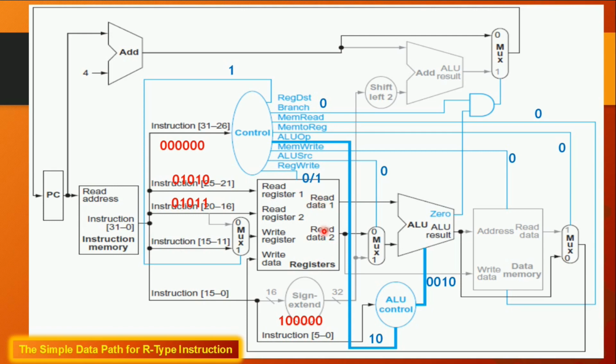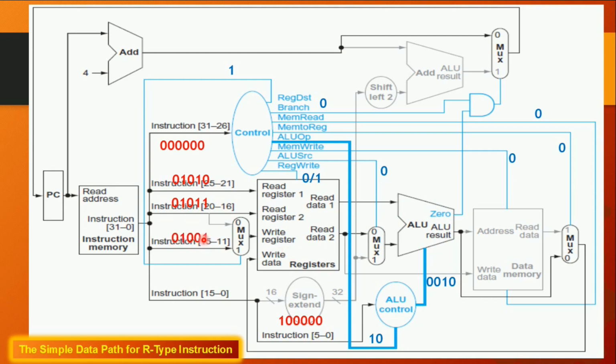The RS and RT register numbers will be analyzed from the instruction, and those register numbers will be checked inside the register file. From that, the data will be fetched and loaded to the ALU for operation. Now the addition operation will be performed. The result has to come back to the register RD.